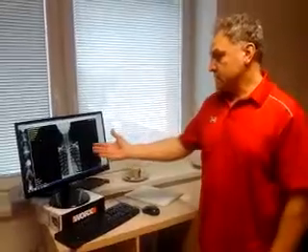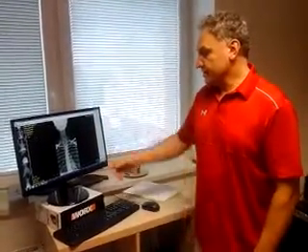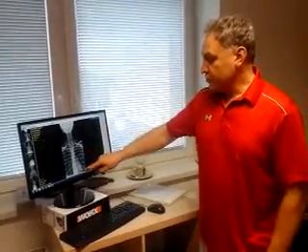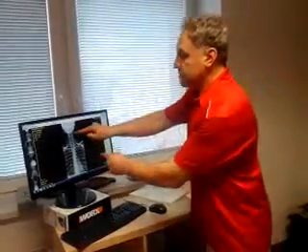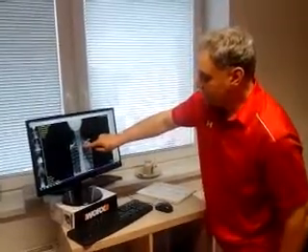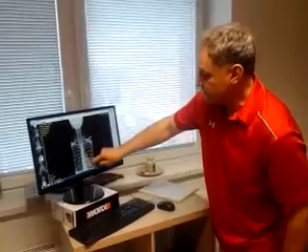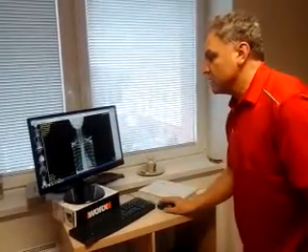So we can see that this patient is a younger girl. We can see the upper portion, the neck. On this portion here there's a little bit of rotation, and here there's a slight rotation to the left, and then the spine is going to the right.